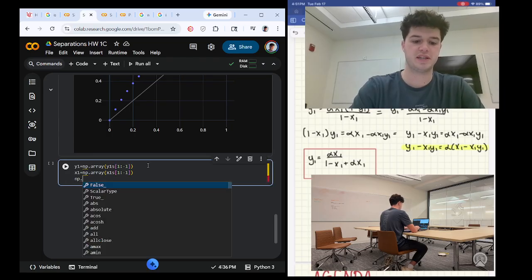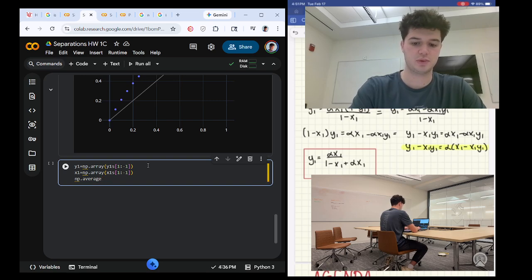And then the final step will be taking an average of all of these values. So you want to take the average, which is going to be y1 times 1 minus x1 divided by 1 minus y1 divided by x1.